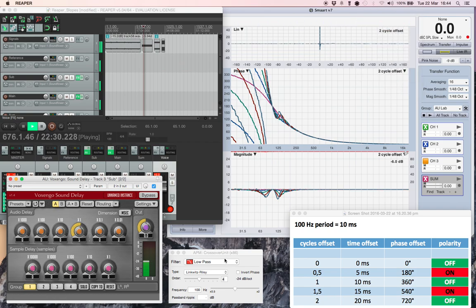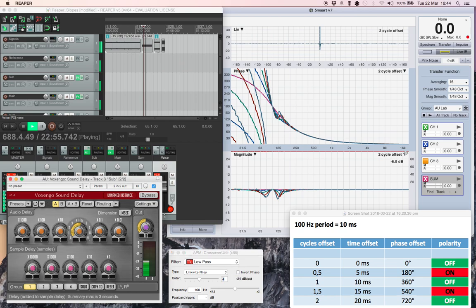And if we flip the polarity, then we can hear summation, even though we are half a cycle apart. That is because the polarity flip, changing plus and minus, turned out of phase, in phase again. So let's go to the next instance.